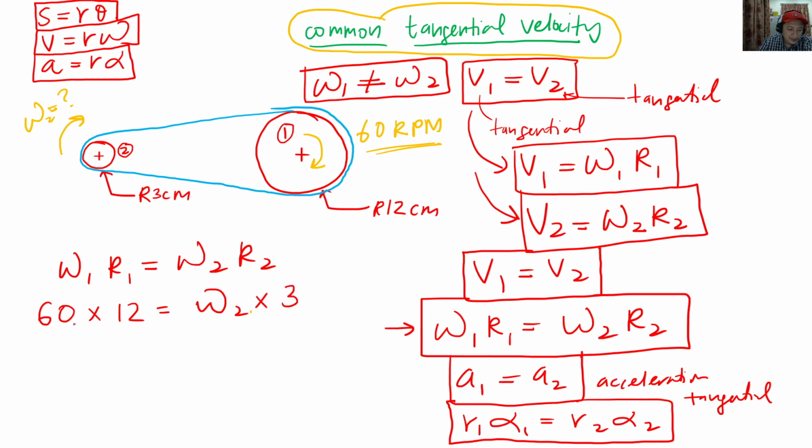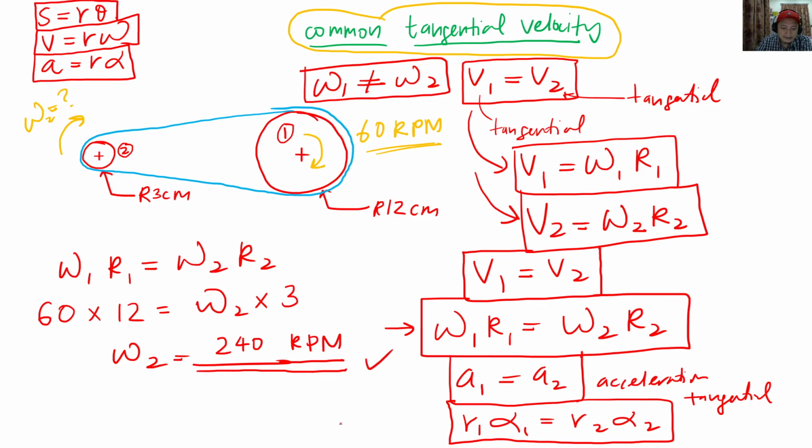So I don't have to change my units, the units will cancel out. So omega 2 is equivalent to 60 times 12 divided by 3. So the rear wheel is rotating at 240 RPM.